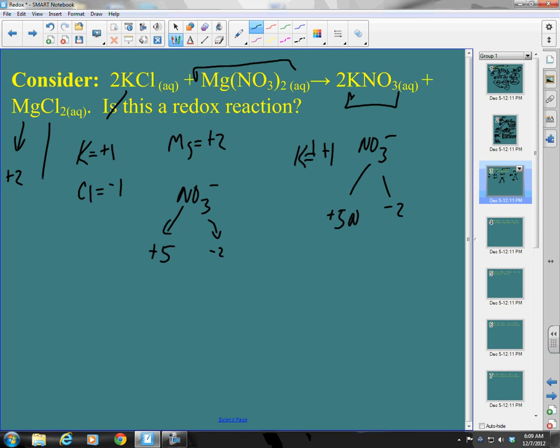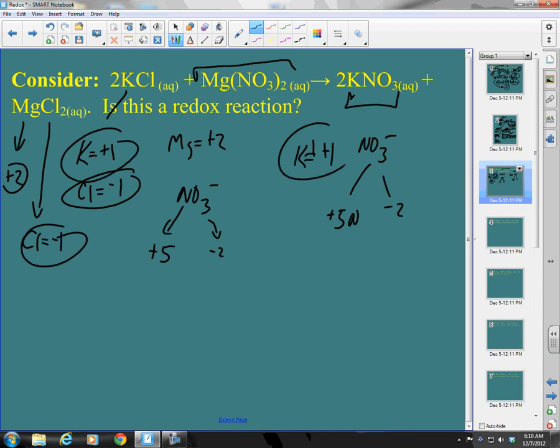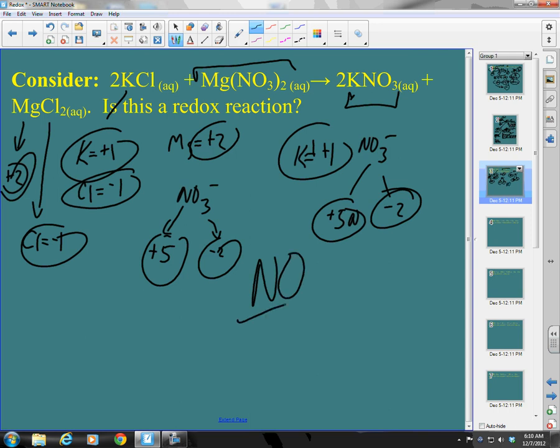And my chlorine, I have 2 chlorines that have to add up to -2, so each chlorine is still -1. So what happened? -1 to -1, +1 to +1, +2 to +2, +5 to +5, -2 to -2. Did my oxidation states change? No change in oxidation state. So that means this is not redox.